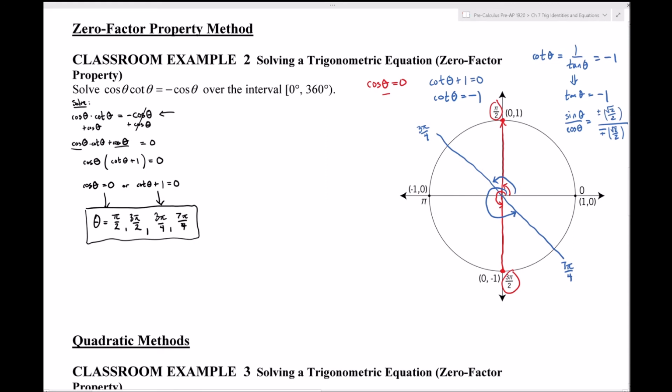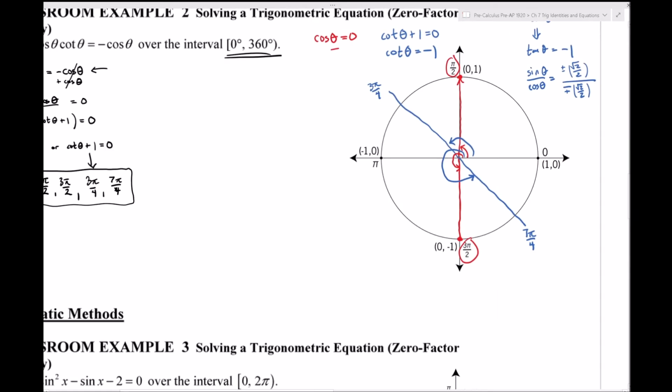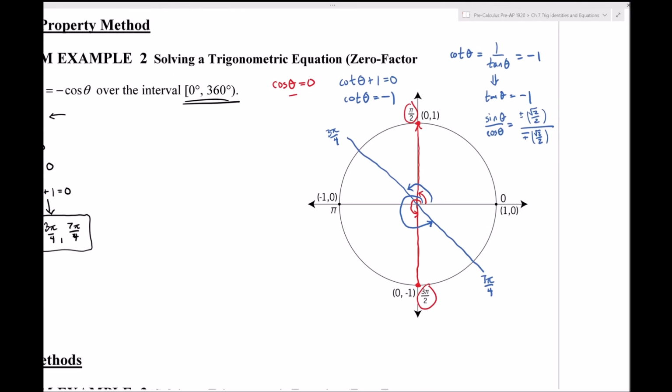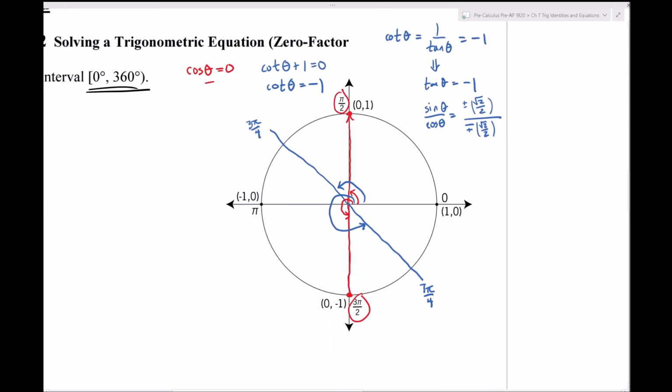If I reread the problem, it says solve this equation over the interval between 0 and 360. So we don't want all values of theta. We just want the ones between 0 and 360, the fundamental circle, or the primary circle, or the primitive circle, or whatever you want to call it. So just the main circle. And these are our only possibilities.